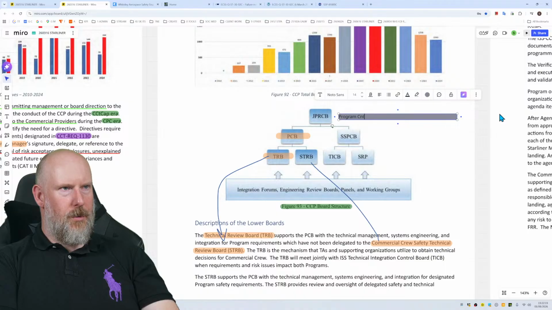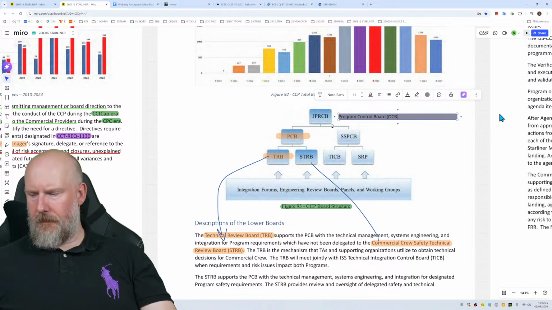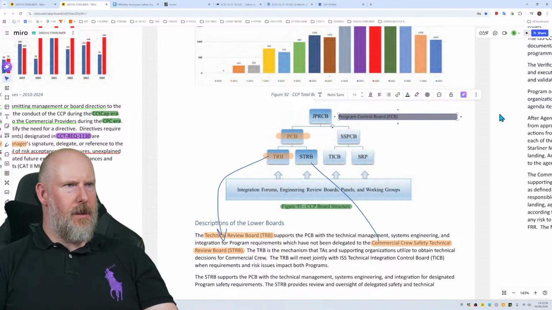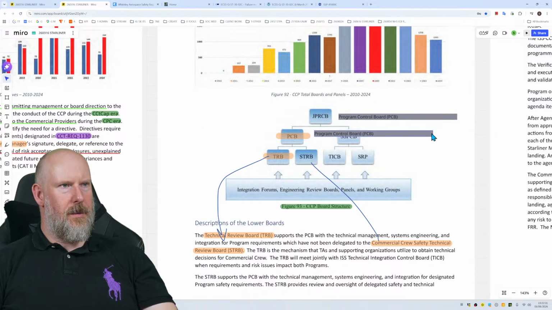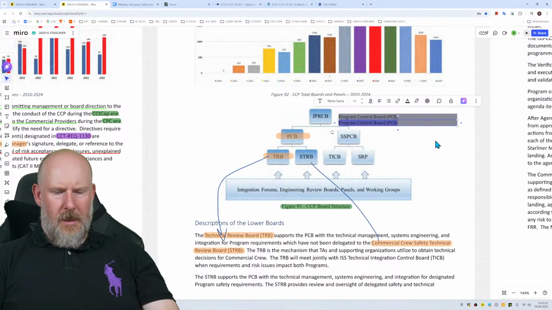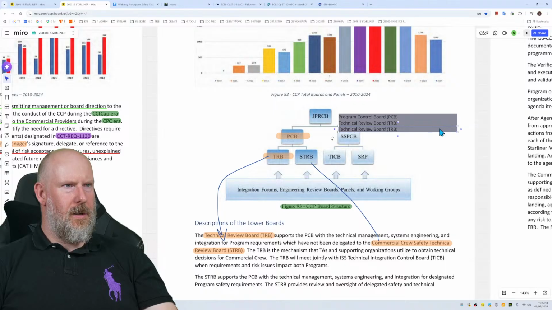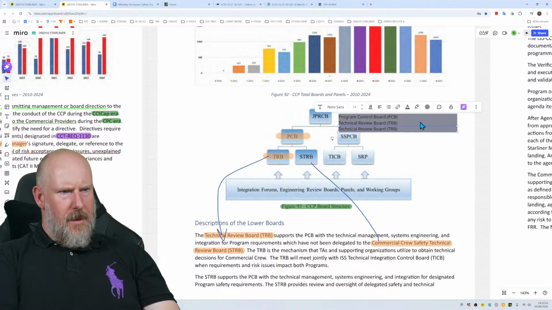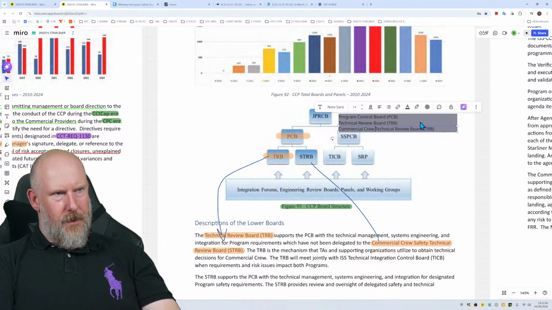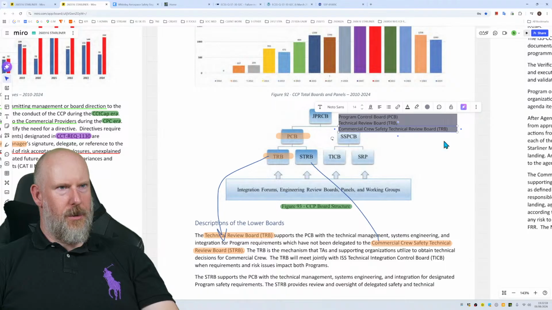Program control board, PCB, and then we've got the technical review board, TRB, and then we've got the commercial crew safety technical review board. So this is the STRB.